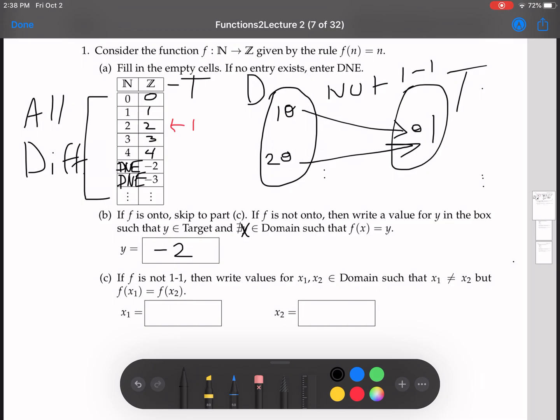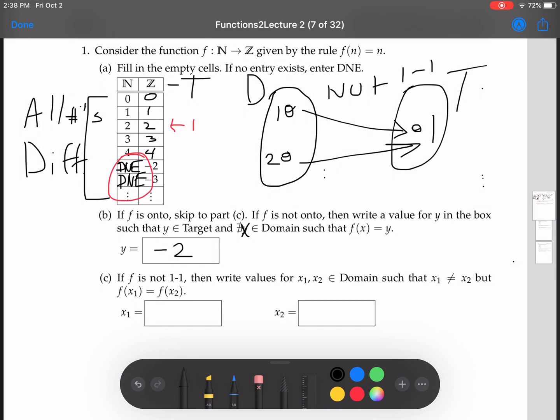Now I guess some people might say, hey, those aren't different, those both say the same thing. Okay, so you can have D and E repeated more than once. What I mean is all the numbers are different. D and E is not a number, it just means does not exist.